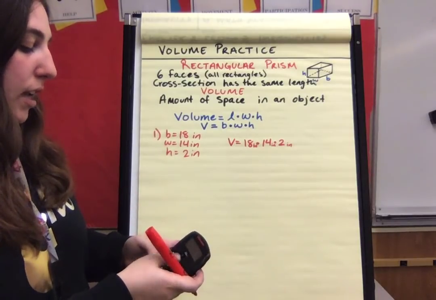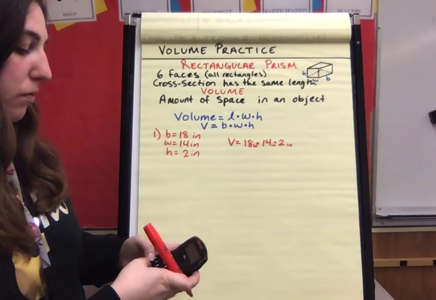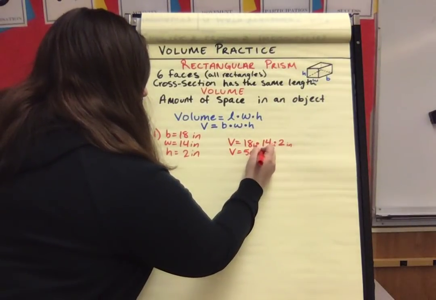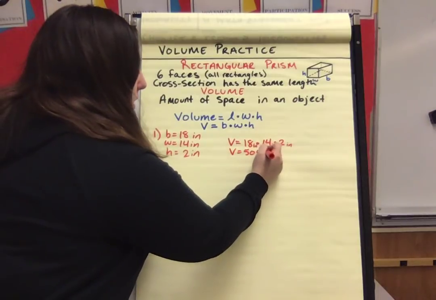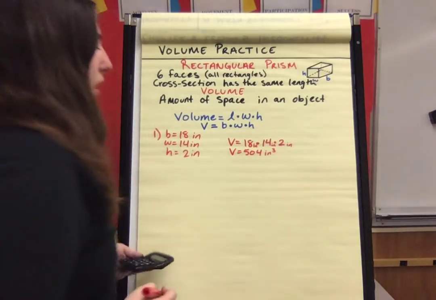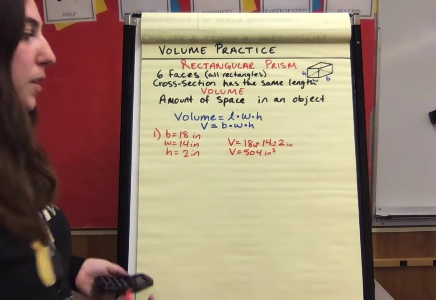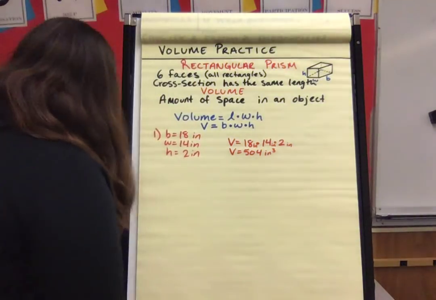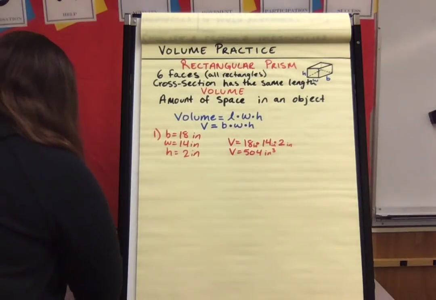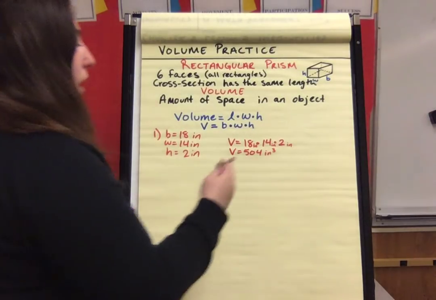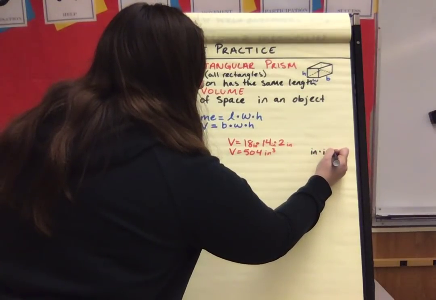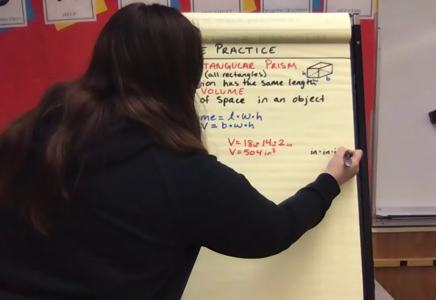So 18 times 14 times 2. 504 inches cubed. And it is inches cubed because I am also multiplying inches times inches times inches.